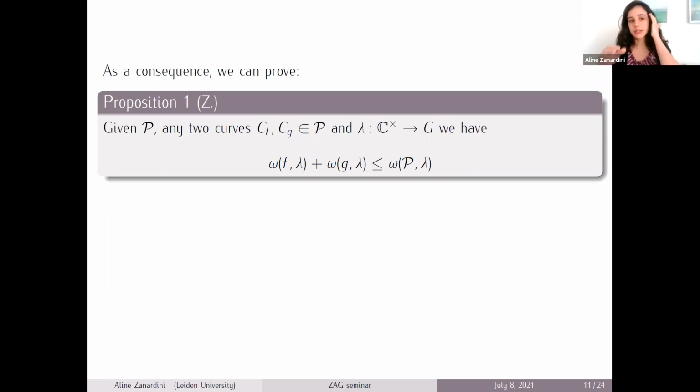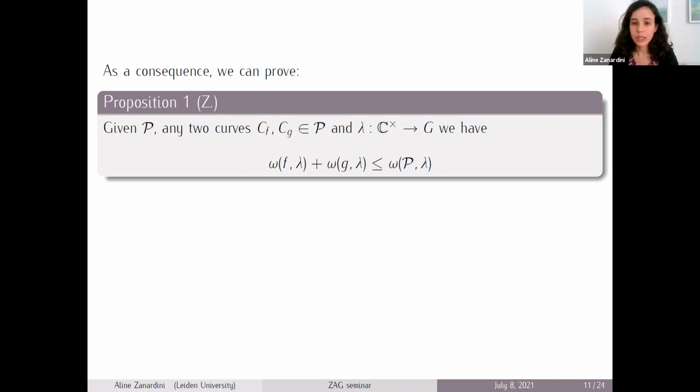So the first is this proposition. Given a pencil, I choose any two curves on it and the one-parameter subgroup. Then I can bound the omega for P from below by this sum.